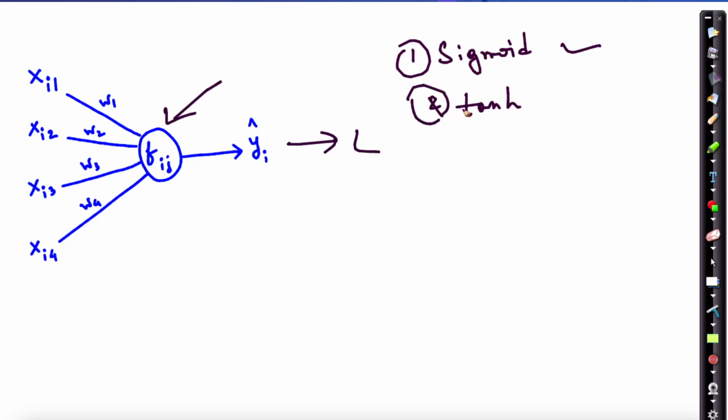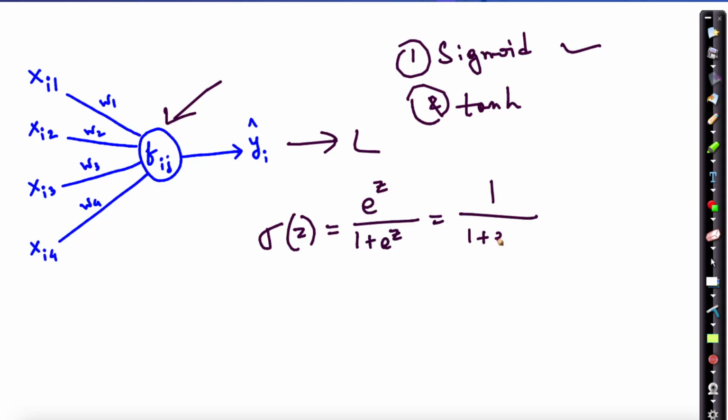You see, sigmoid function has a formula like this. Sigma of z is nothing but e to the power z divided by 1 plus e to the power z. We can write it like this: 1 by 1 plus e to the power minus z. So this is nothing but a sigmoid function.